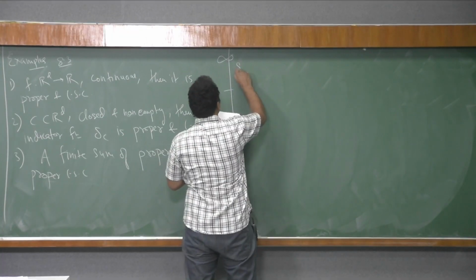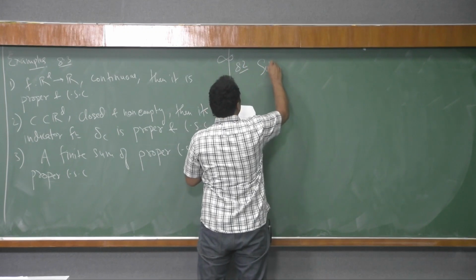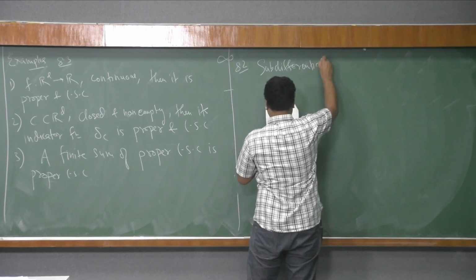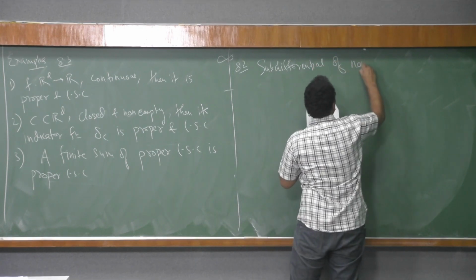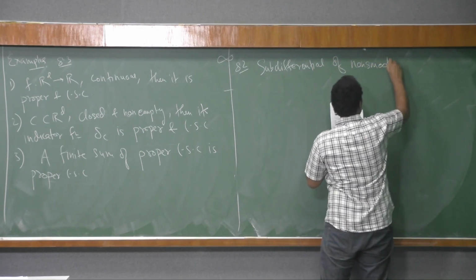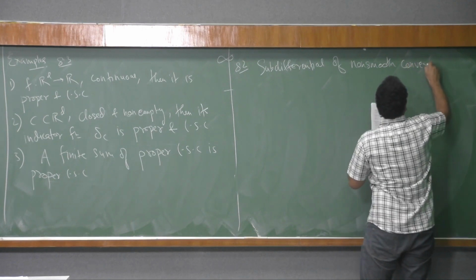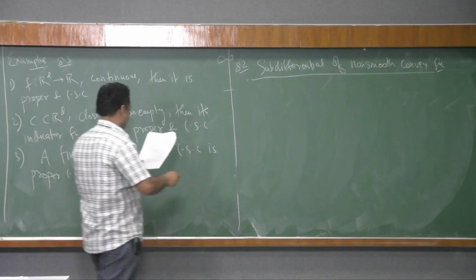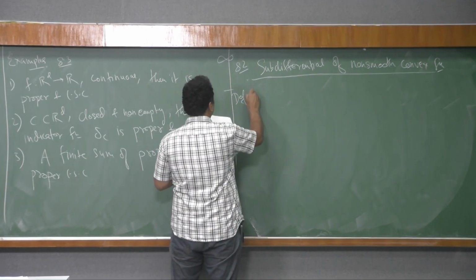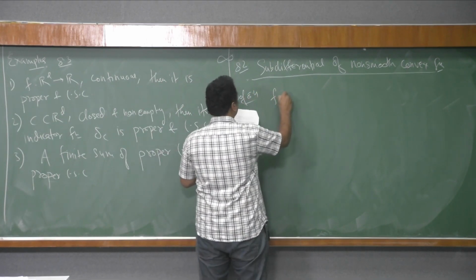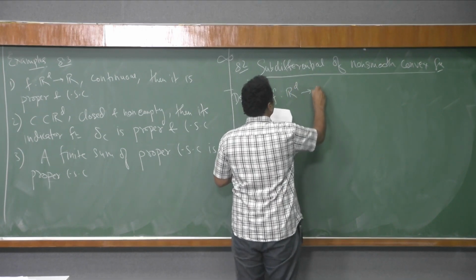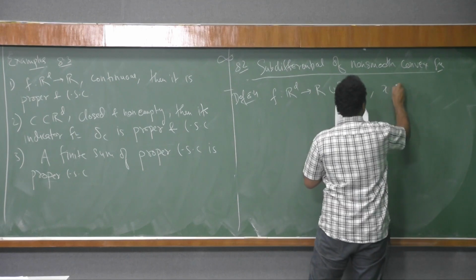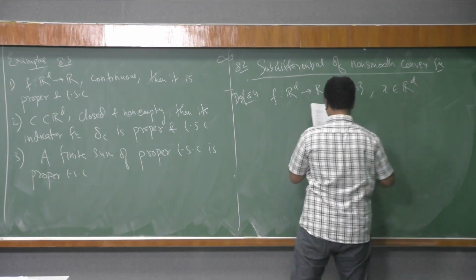So 8.2, subdifferential of non-smooth convex functions. So definition 8.4, f from Rd to R union infinity and x in Rd.